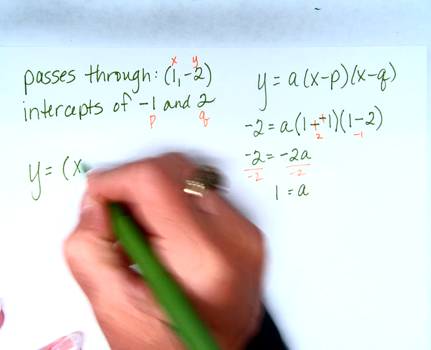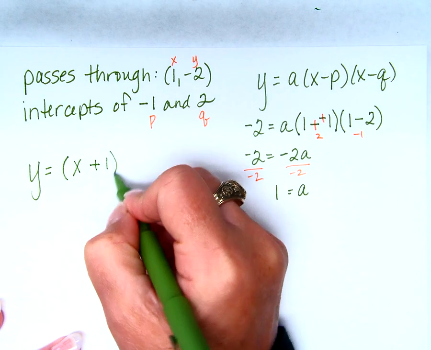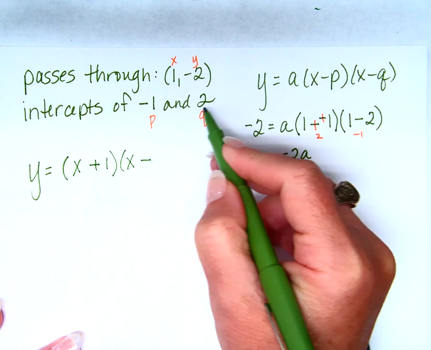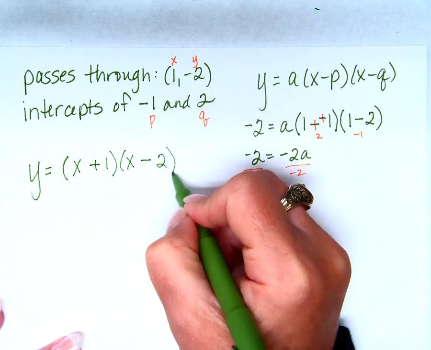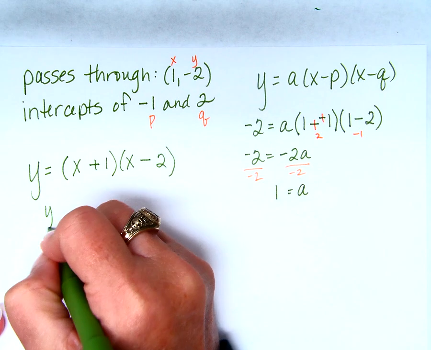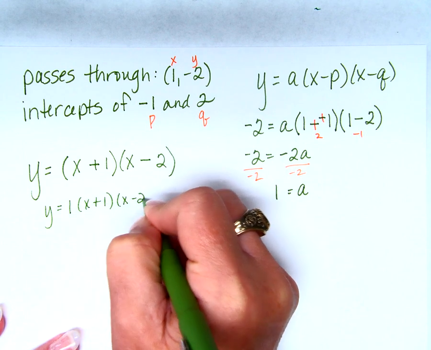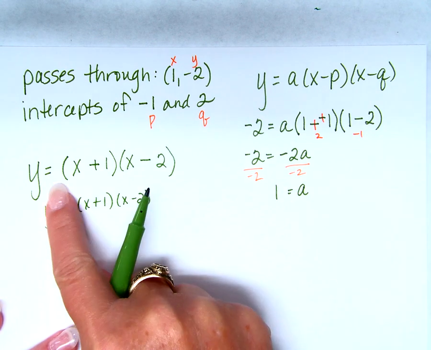X minus p plus 1, very good. X minus 2. Remember, you can also write it like this if you want to. You can write that 1, but you do not have to.